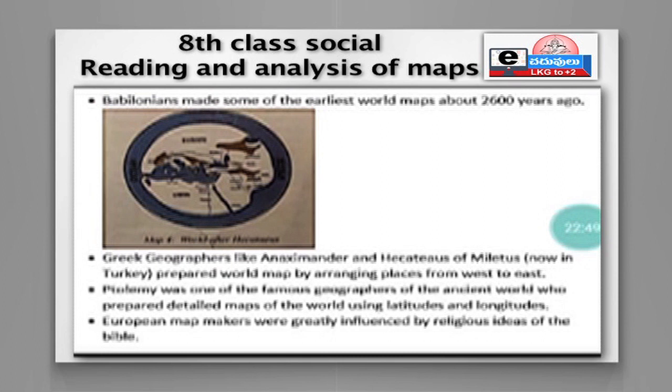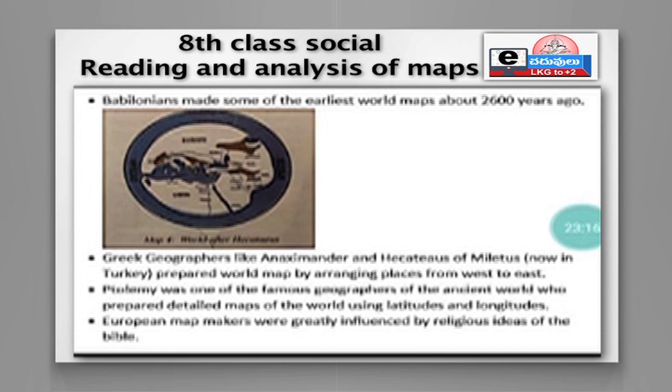Because of this, they did not know the correct information about the interior places. They knew only the information of the places which they visited, or the coastal places. So we can see India marked as a very small region on the map in the initial stages.